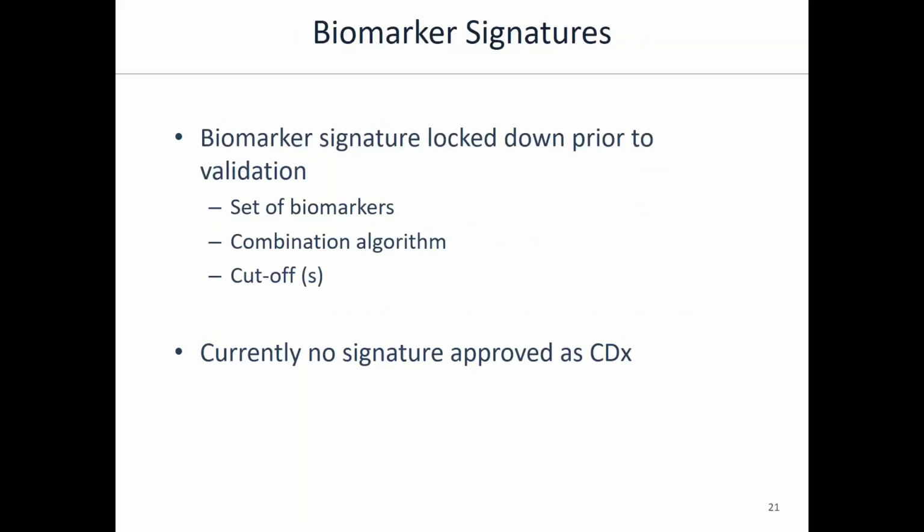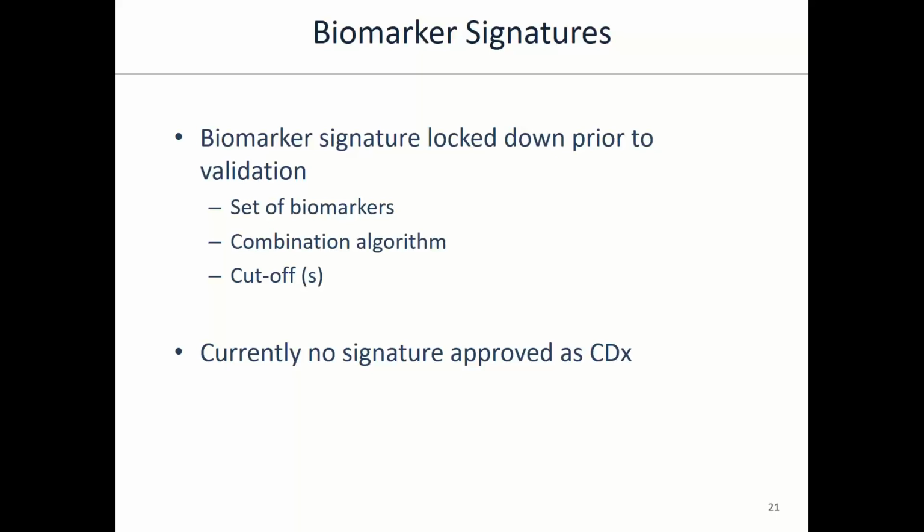Something related is that not only should the cutoff be fixed or locked down prior to the validation, the same holds true for a signature. If we are not talking about a single biomarker, but about a signature built up of several biomarkers, we need to define which set of biomarkers will be part of the signature, which algorithm will be used to combine the information, and which cutoffs will be set on this biomarker score, or if it's a tree-like algorithm, which cutoffs will be used in the algorithm.